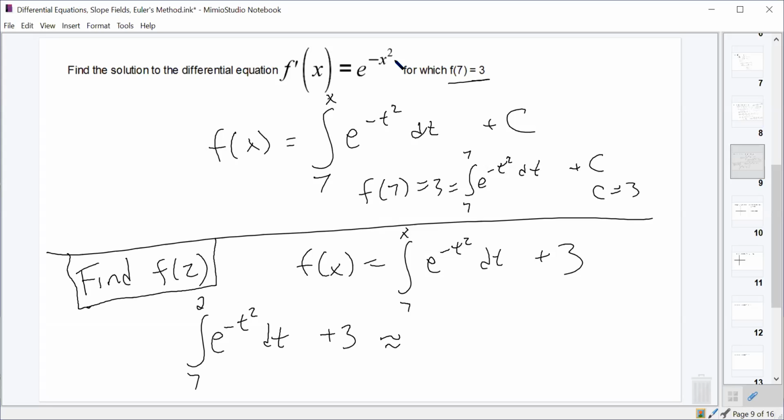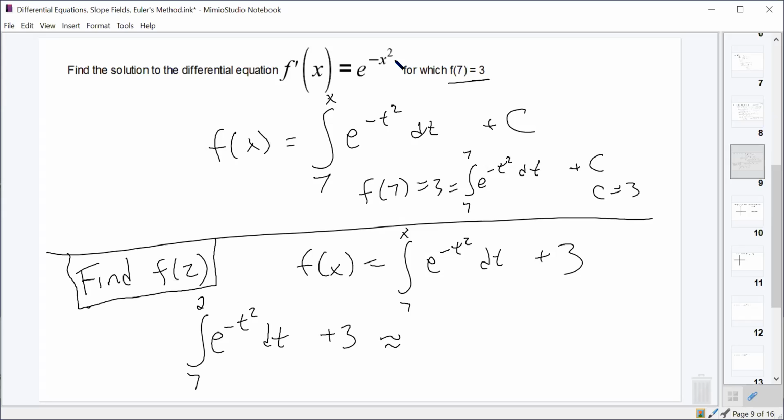There's a group of functions that are well established that people just know that you can't integrate.